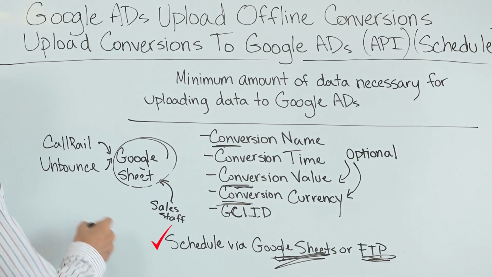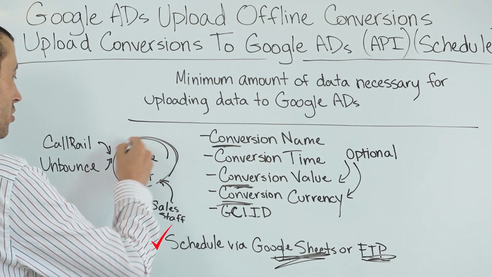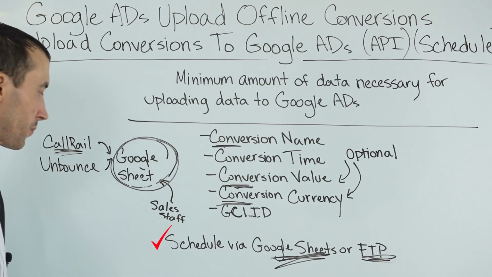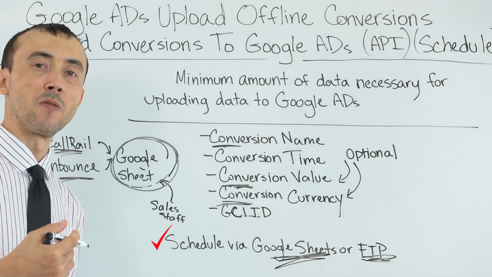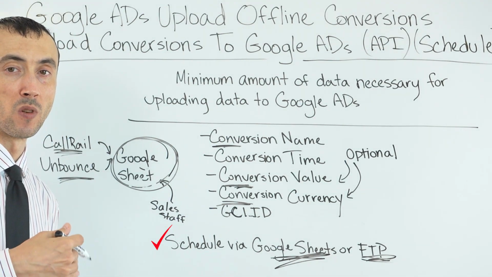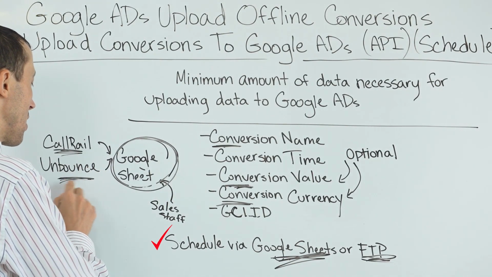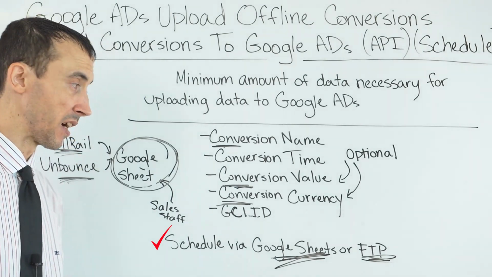Similar to that, by the way, to make this as streamlined as possible, if you go the Google Sheet route, your CallRail picks up the Google Click ID, and if you're using an Unbounce account, let's say for your landing pages, which we usually use, you're using that hidden form field on your Unbounce forms to pick up the Google Click ID.